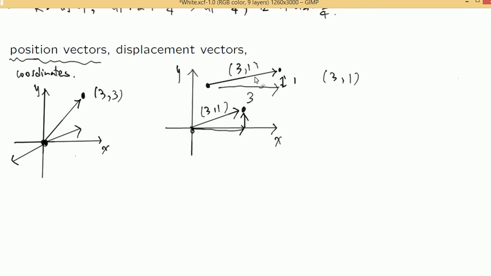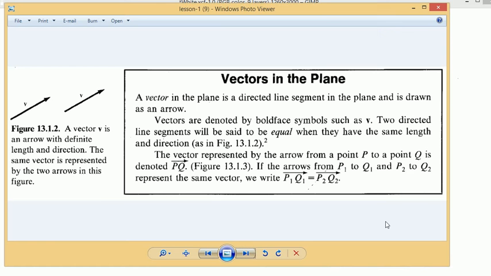Also (3, 1). So that's what they're talking about here. Whether you started from here going there, or from somewhere else going there, the displacement amount is the same. Therefore, we recognize these 2 vectors as the same vector. An apple hovering here and an apple hovering over there is the same apple. That's one way to look at it.